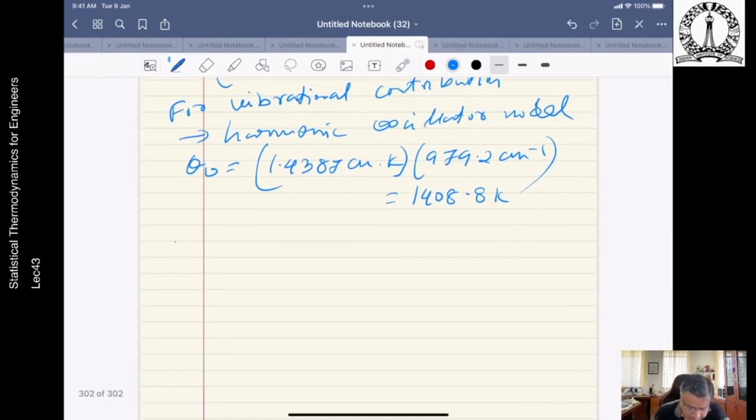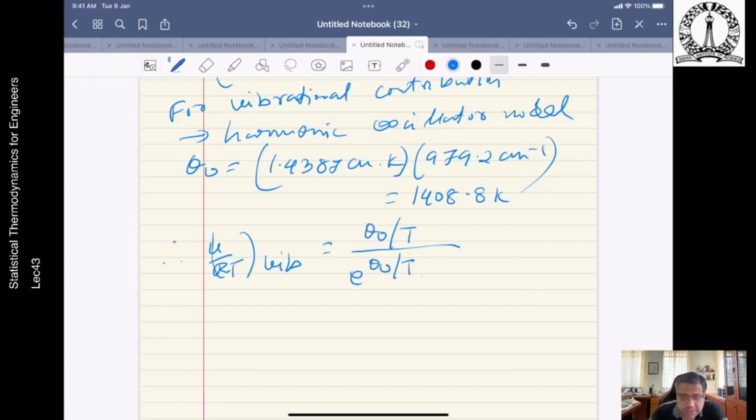So now therefore U by RT vibrational will be equal to theta V by T divided by the exponential of theta V by T minus 1, which is equal to 0.6888.